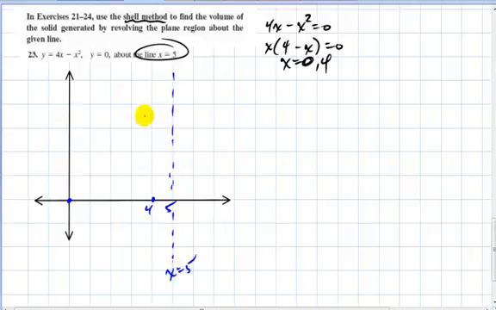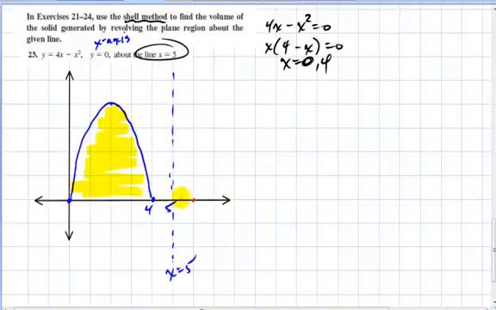My parabola, see, at 2, that's 8 minus 4, is 4. Okay, so my parabola looks like this here. And y equals 0, this is the x-axis again, guys. So you know it's bounded between the x-axis and the parabola, so my bounded region is in through here. And I need to reflect this across.